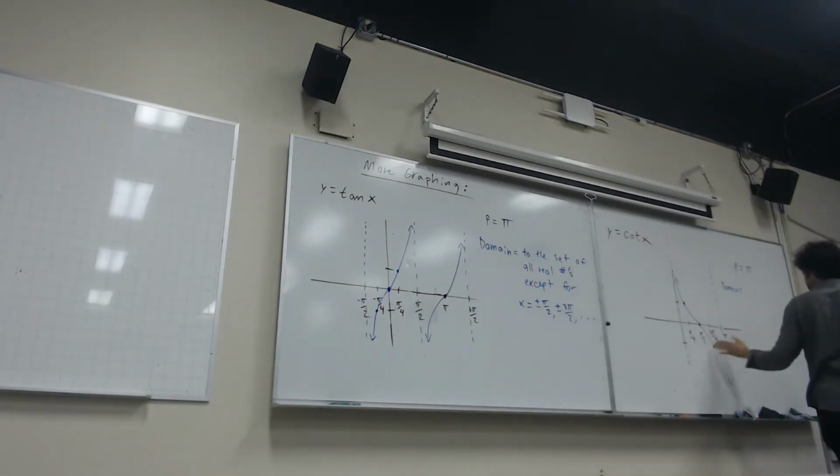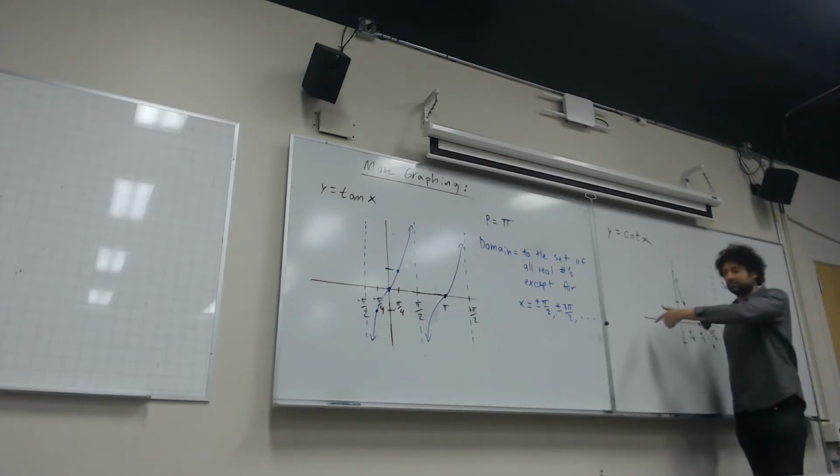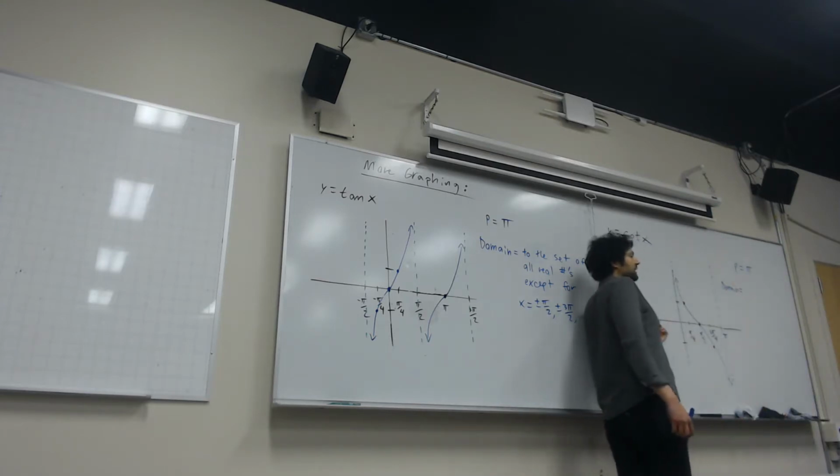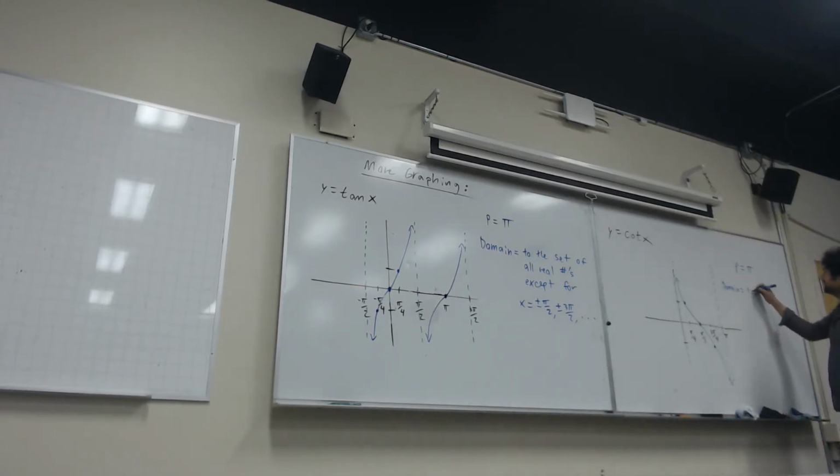This repeats. So where's the next asymptote over here? 2 pi. Again, where's the next one? 3 pi. Good. And then the other direction? Negative pi, negative 2 pi, negative 3 pi. So this is just integer multiples of pi. Set.